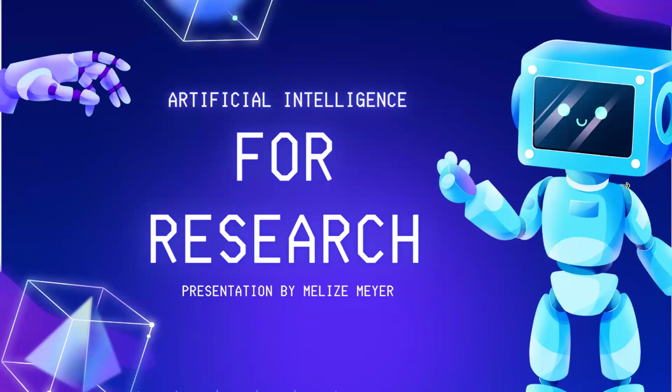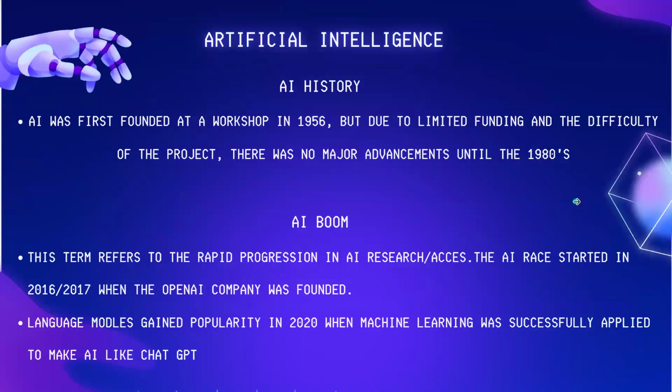Okay, awesome. Thank you for coming. Today I'm going to talk about AI in research. Just to give a brief history and background on how artificial intelligence started: it was founded in 1956 in a workshop in a garage, I think.